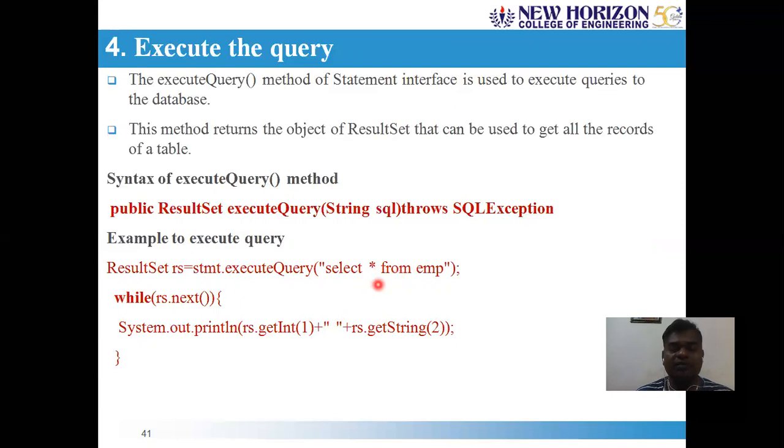The meaning of this query is to return all the rows of the table employee, and your DBMS gives the results in the form of a result set object. This result set object is a predefined class in JDBC.